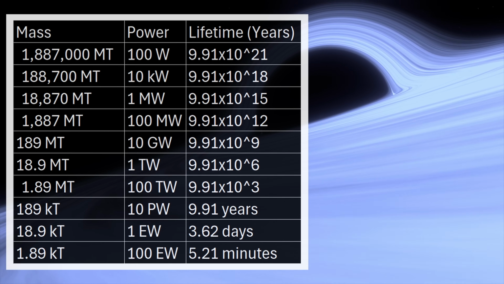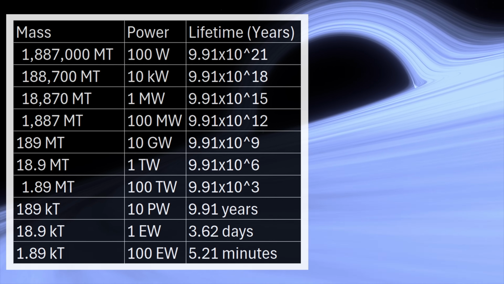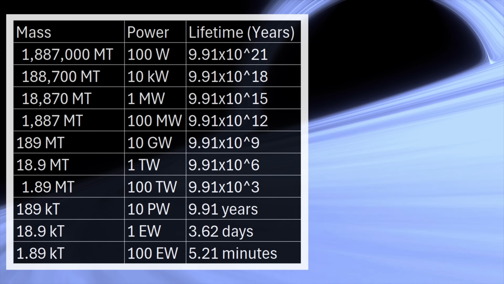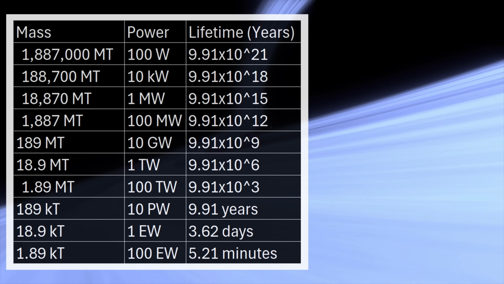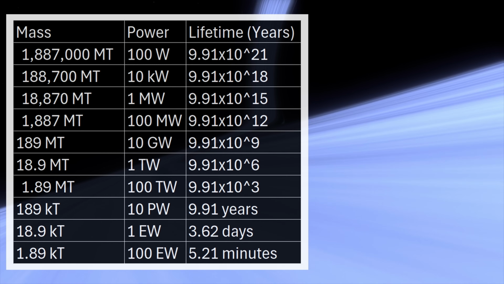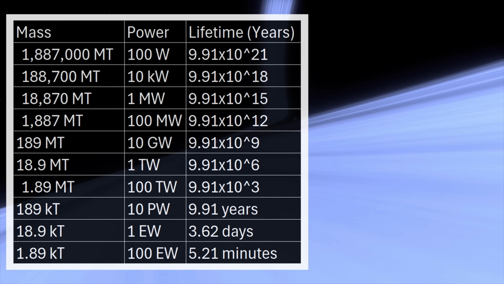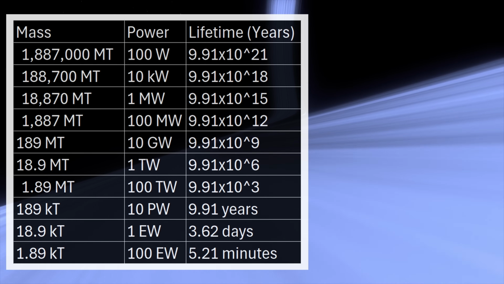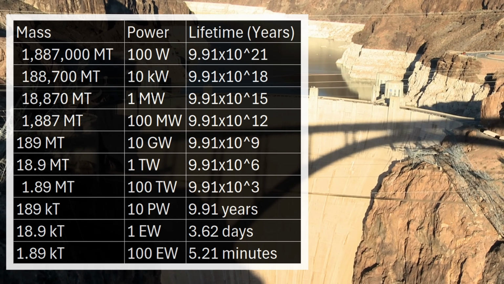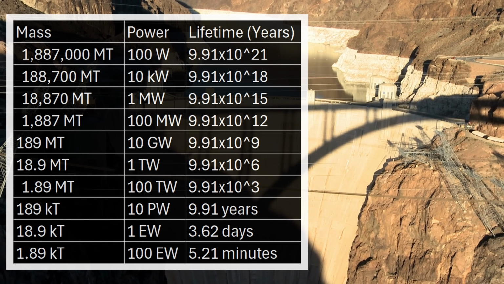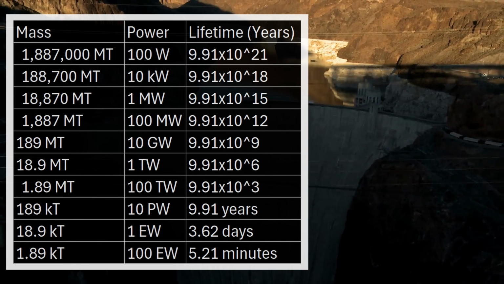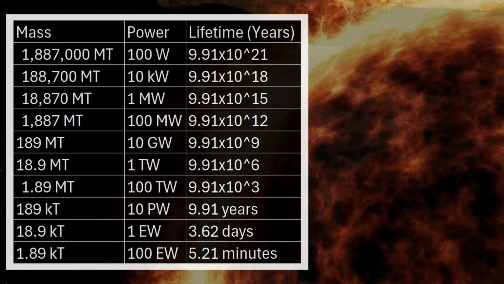A megawatt black hole masses 18,900 megatons, and could run a small community for 10 quadrillion years. A 100 megawatt black hole would be 1890 megatons and could replace most modern power plants for 10 trillion years, the period of time we think stars will exist in this universe, while a 10 gigawatt black hole at 189 megatons could match the output of our biggest hydroelectric power plants and do it for 10 billion years, the lifetime of our sun.